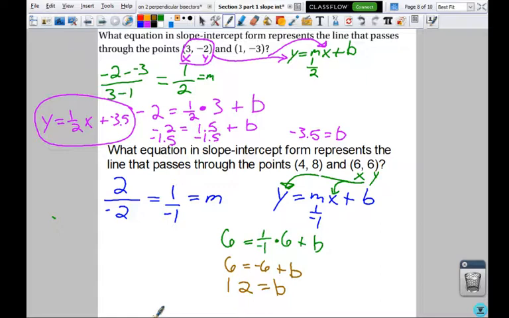After we plug in my m and our b that we found. Just let him finish. 1 over negative 1, that's the reduced one, x plus 12. Perfect. That is my final answer.